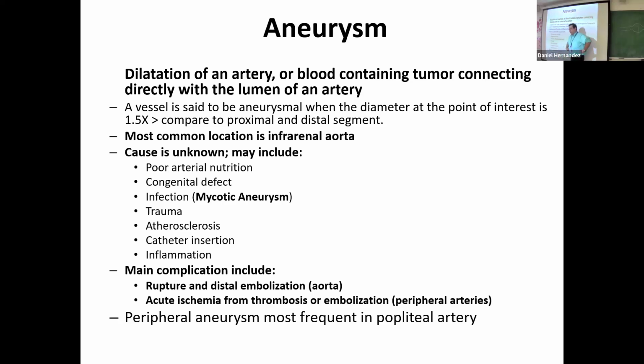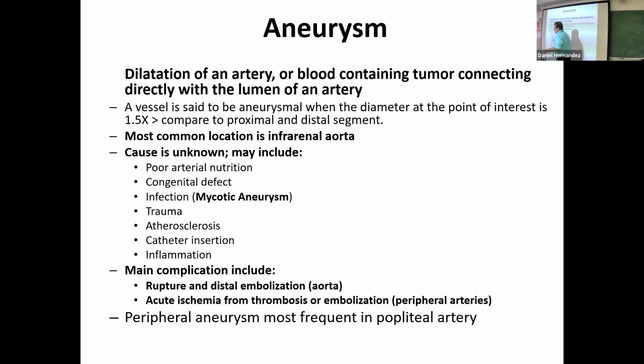Just envision where the renal arteries come off. We refer to it as an AAA, an abdominal aortic aneurysm. And where is that AAA? It's going to be below the level of the renal arteries, the infrarenal aortic segment.